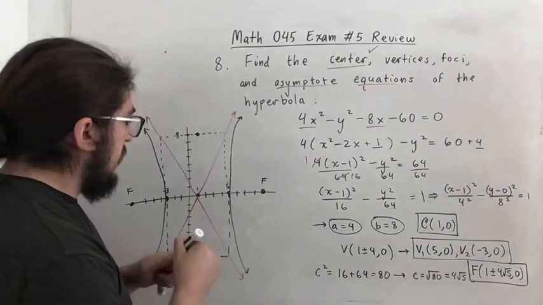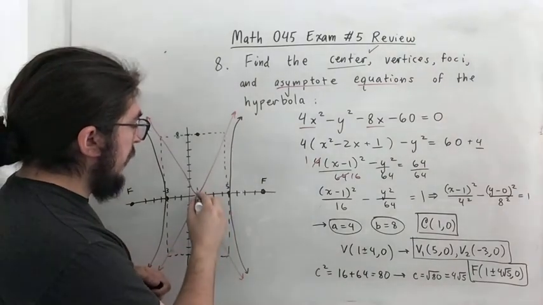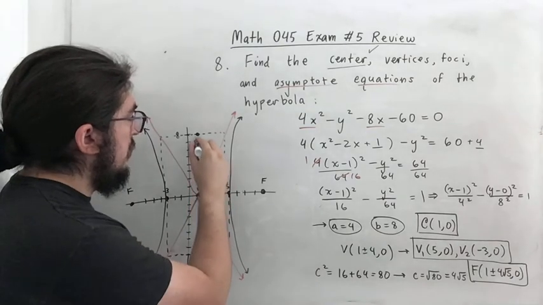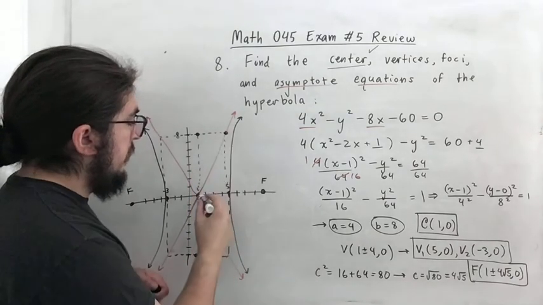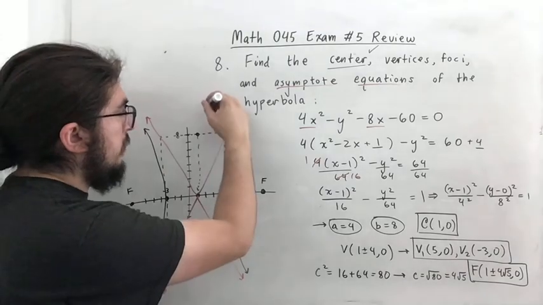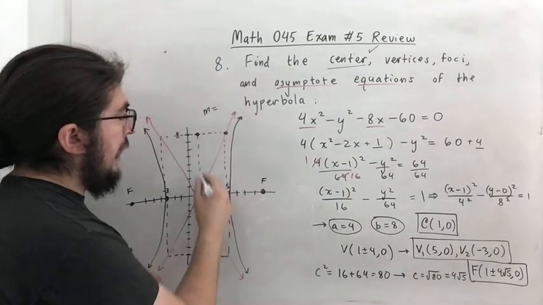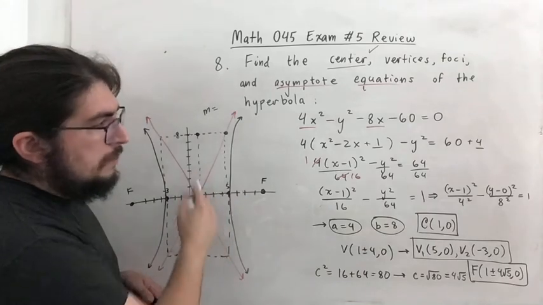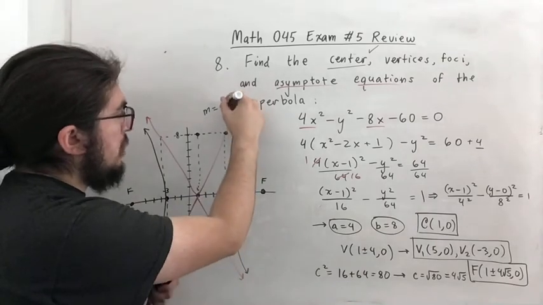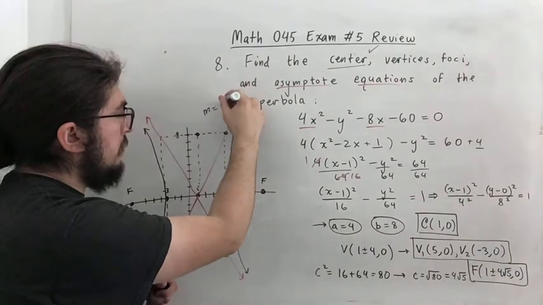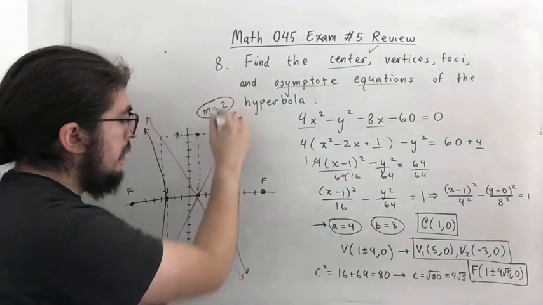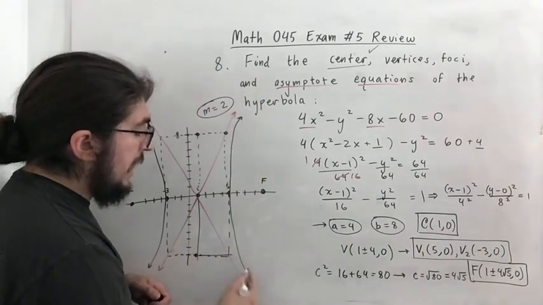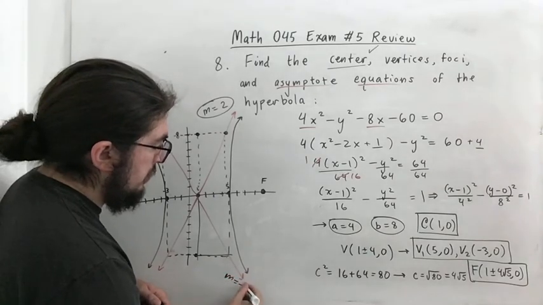So I'm going to notice that if you go from this point to the diagonal here, you go up and over. So here the slope is going to be positive 8 over 4. 1, 2, 3, 4. It's basically b over a. So this is b over a, that's 8 over 4, which is 2. For this one, we go down and over, so it's negative that. So here the slope is negative 2.